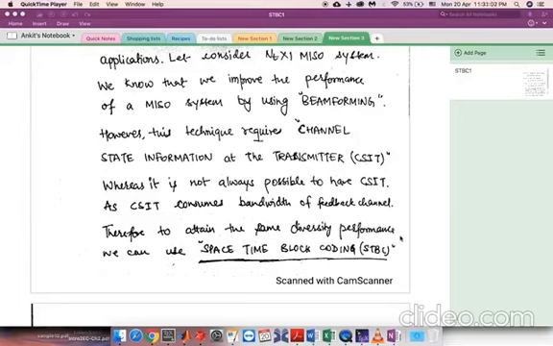In other words, we don't need channel state information at the transmitter, and we are still able to attain the same diversity order equivalent to beamforming by deploying space-time block code, STBC.